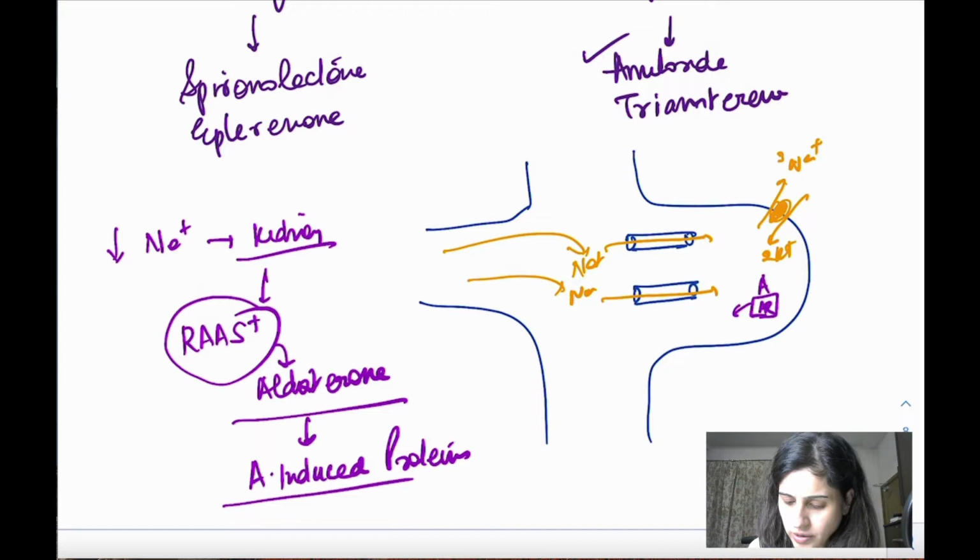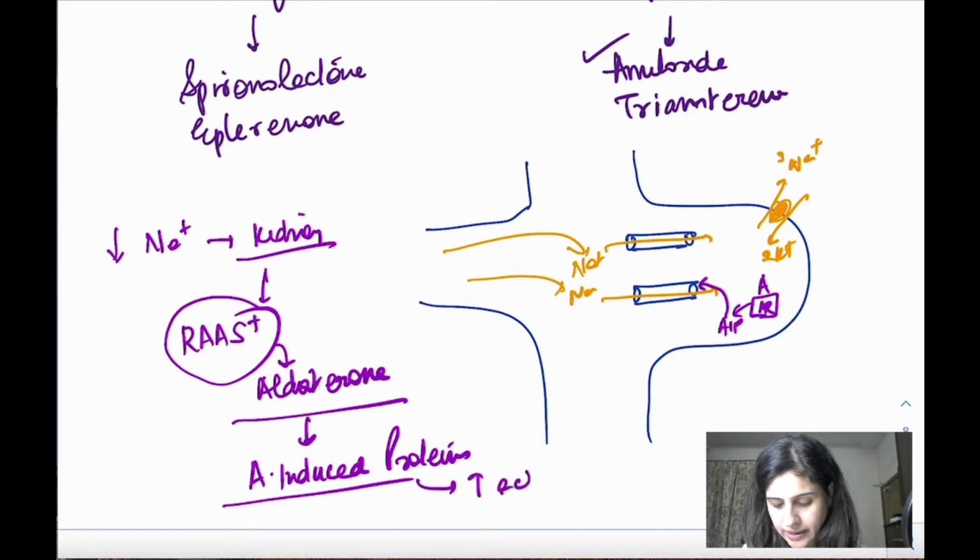So what do these proteins do? They are going to increase the activity of these sodium channels, the epithelial channels. So more sodium is going to be reabsorbed. That is one. Even if some channels are lying inactive inside, it will activate them also. So it increases the activity of the sodium channels.